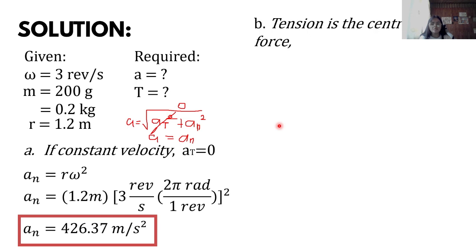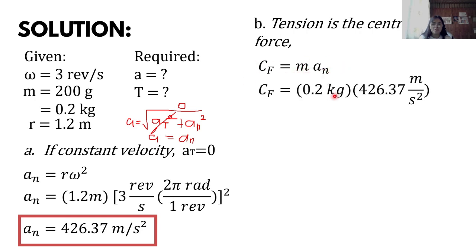For second one, tension is the centripetal force. Yan yung force na consider natin as centripetal force. So we can say that CF is equal to m a sub n. Yan yung tension. Okay? So, we have 0.2 kilograms times yung nakuha nating acceleration na 426.37 meter per second square.